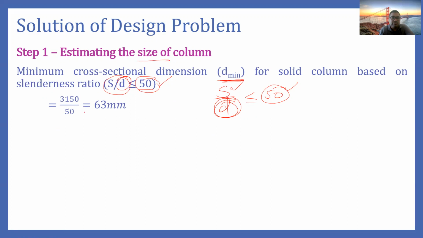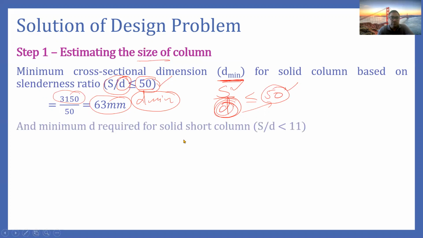As you can see here, S value is 3150, D goes on the right hand side and 50 comes here. So we get the D minimum value as 63 mm. We cannot have a value less than 63 mm.